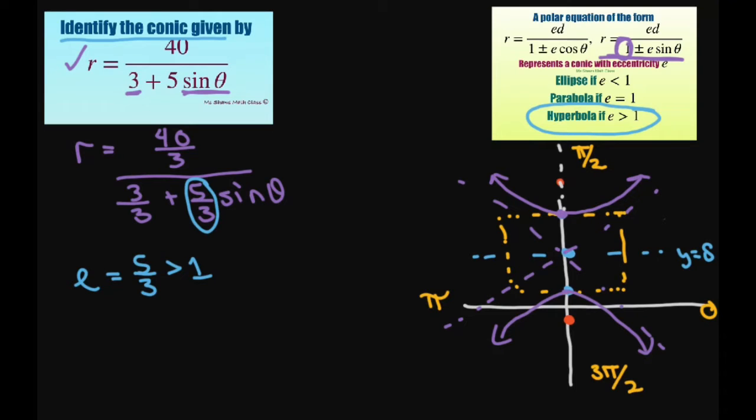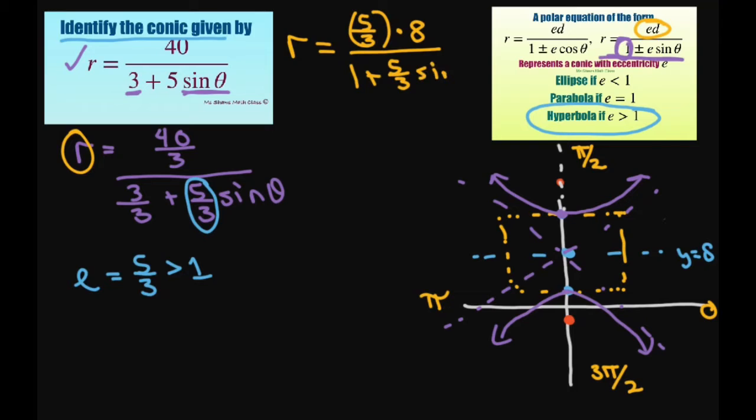What I want to do is rewrite my polar equation, r equals, and notice we also have an e up here. So I'm going to put my 5/3 here, factor it out, and I have an 8 here. That gives me more information. Then we're going to have 1 plus 5/3 sine of theta.